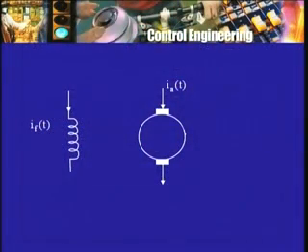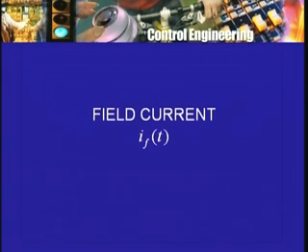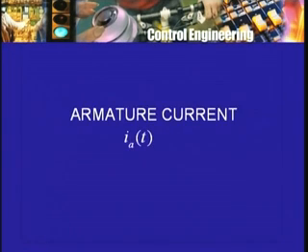The coil is supposed to remind you of a magnetic field, and indeed wire is wound around the pole area, which results in the production of the magnetic field. This winding will also carry a current because it is the field winding. The current flowing in it at any moment of time, we'll denote it by I again for current in general, but F for field current, and if it is varying with time, then t. So I_F(t) will be the field current, I_A(t) will be the armature current at any moment of time.